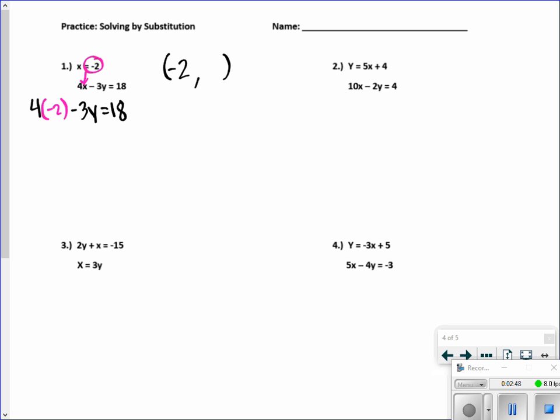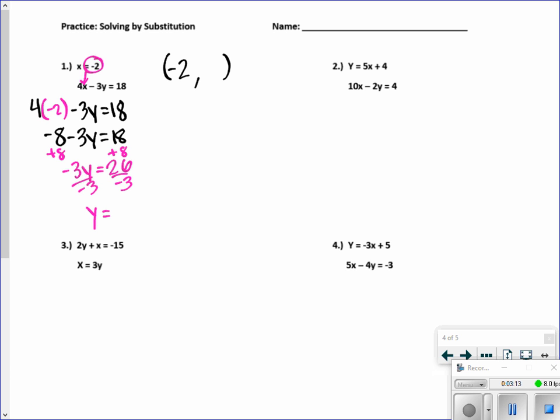Yes, solve it. So it's -8 minus 3Y equals 18. Adding 8 to the other side, so it's -3Y equals 26. Divide by -3.